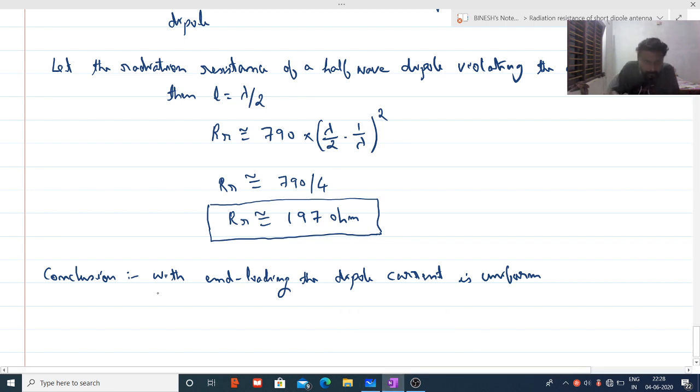But without end loading, the current must be 0.